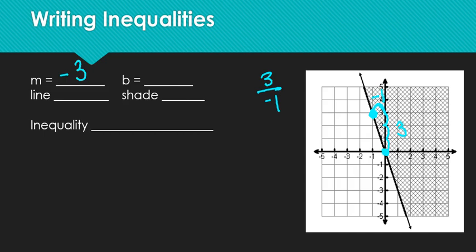Okay? Now, what was my y-intercept? It's right here. It is at 0. Okay? Now, what kind of a line is right here? That line, my graph, is a solid line.